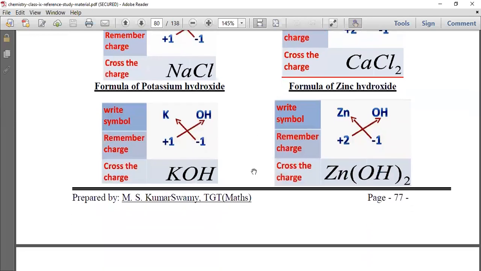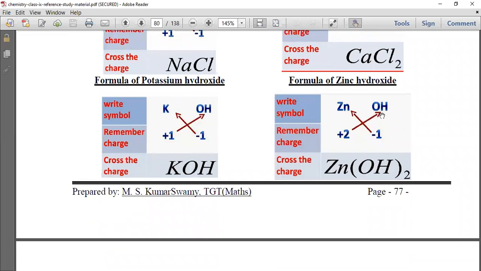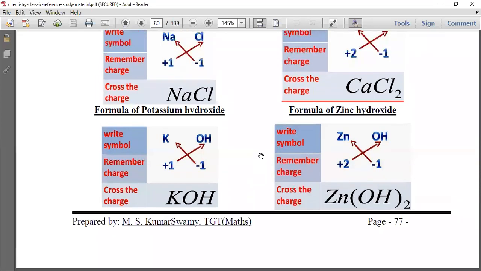Calcium chloride. And look at this one, zinc hydroxide, because OH is a polyatomic, where zinc's valency is 2 and hydroxide OH has valency of 1, so we will have to use it twice, OH bracket twice, right? So that is how we have to do it.